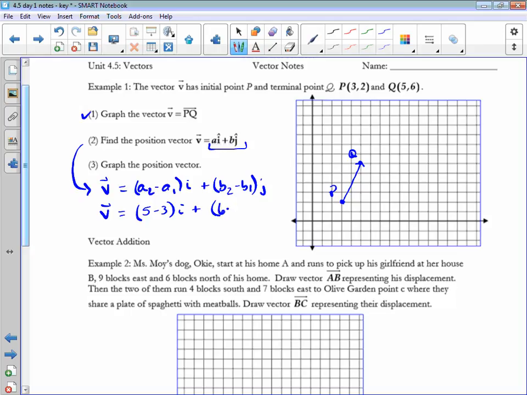So 6 minus 2. So the position vector is just 2I, and these should have little hats on them. I'm always forgetting my hats. Plus 4J. Okay, that is the position vector.